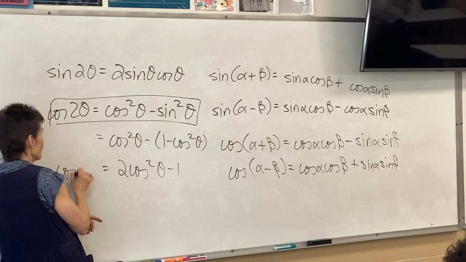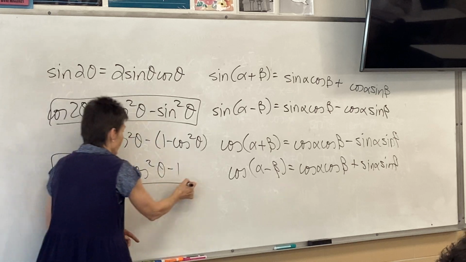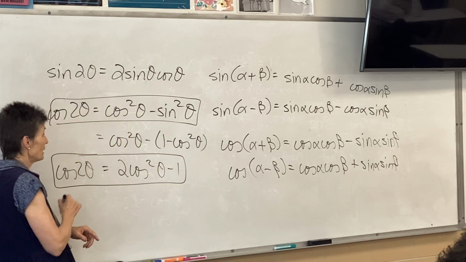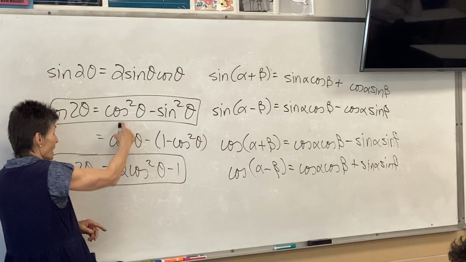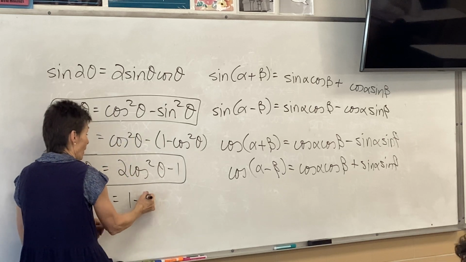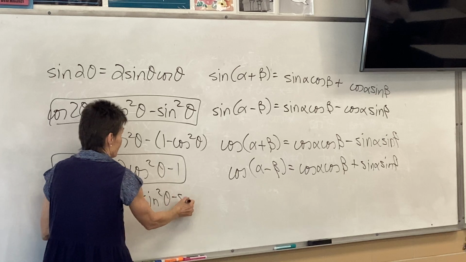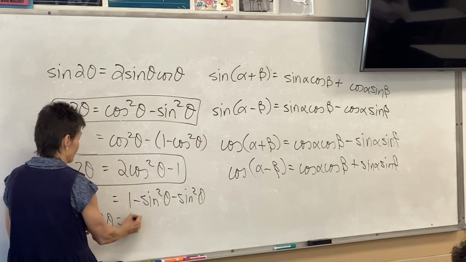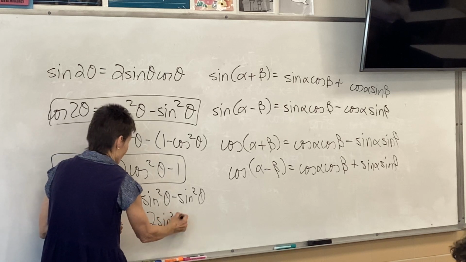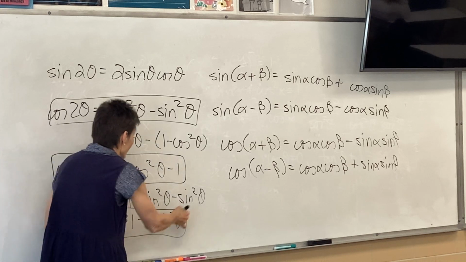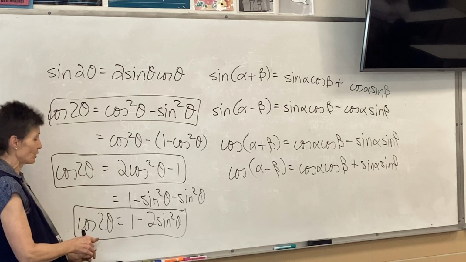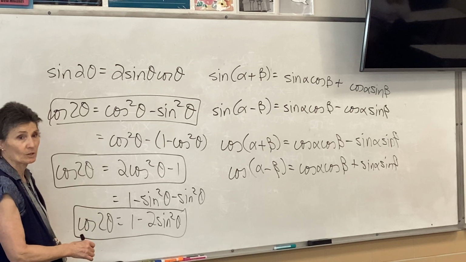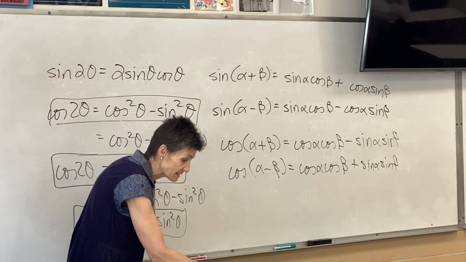That is another version of the double angle cosine. And then, if I took cosine squared and replaced it with 1 minus sine squared, I would get another one. So there are actually 3 versions of the double angle cosine. He's got them all listed there for you.